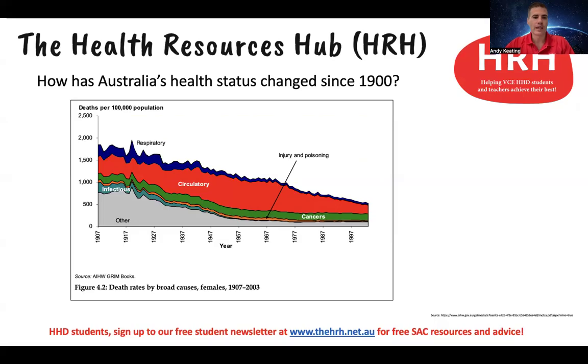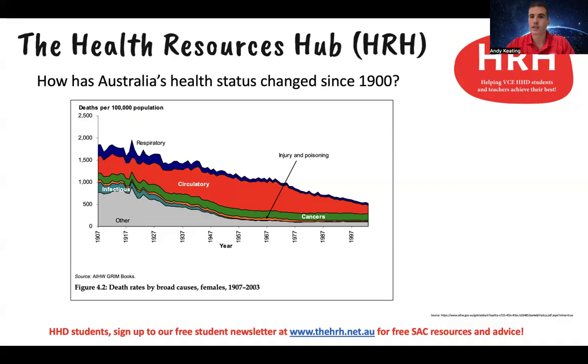So when looking at the particular number of deaths per condition, what you're really looking at is the thickness of the section. You can see here, for example, for circulatory diseases in 1937, approximately 750 per 100,000, and then that goes up to approximately 1,300 per 100,000.